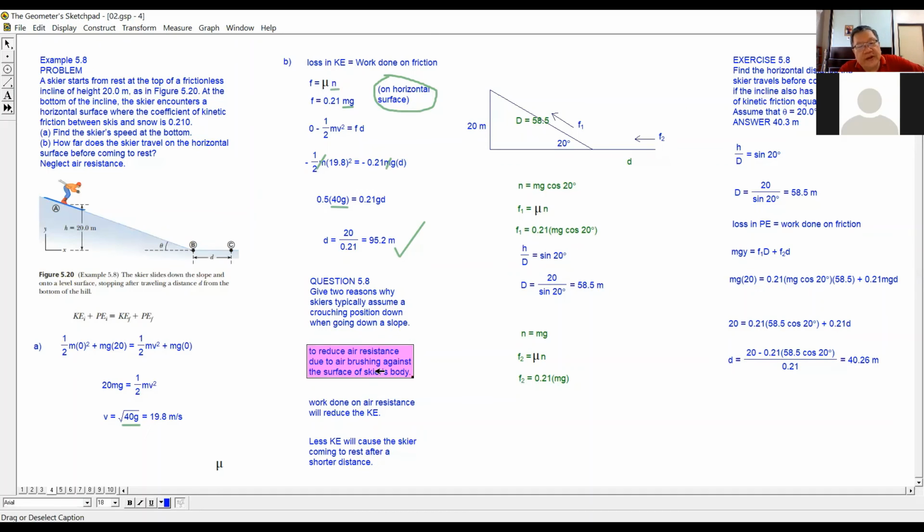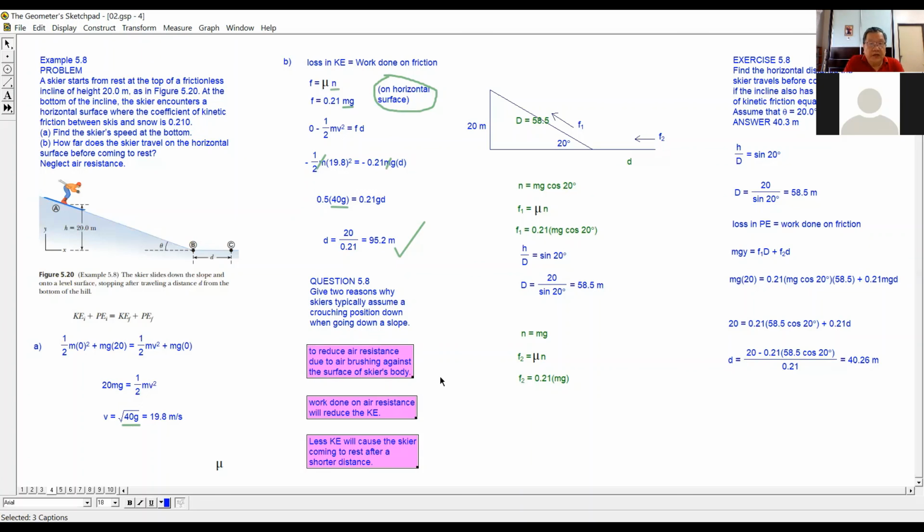If the work done against air resistance reduces the kinetic energy, then you have less kinetic energy at the bottom of the slope and can only travel a shorter distance before coming to rest.